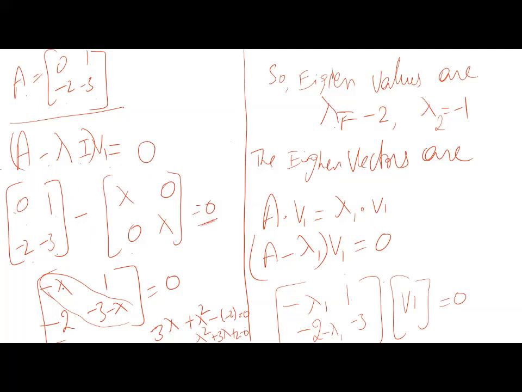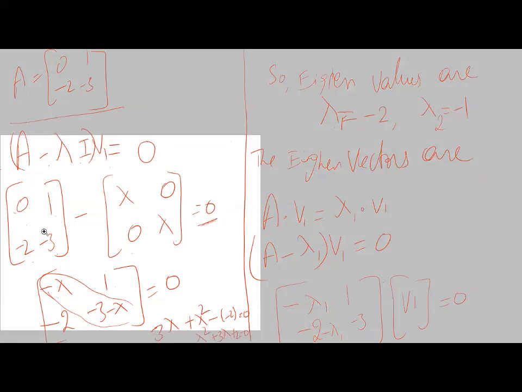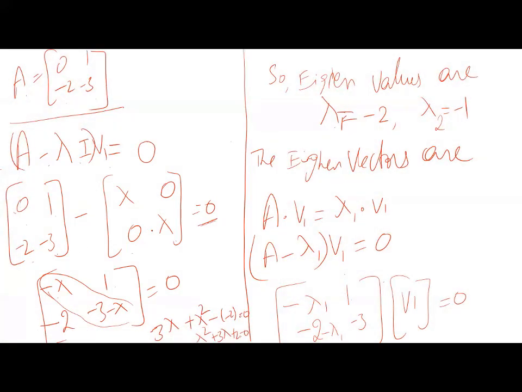This is [minus lambda, 1; minus 2, minus 3 minus lambda]. Multiplying, we get lambda square plus 3 lambda plus 2 equal to 0.